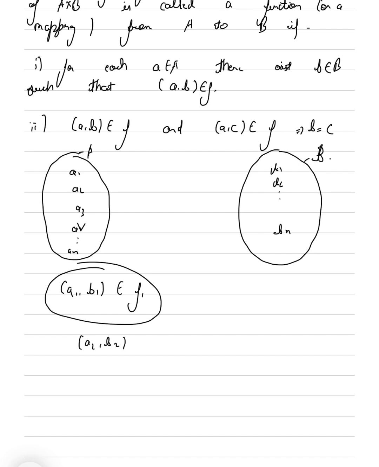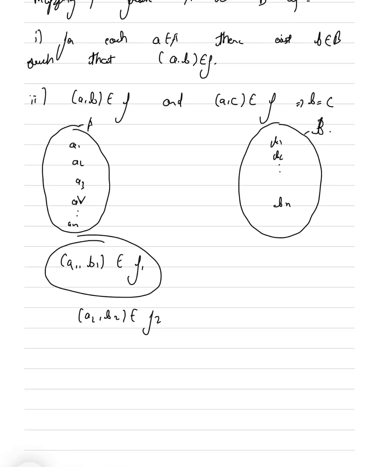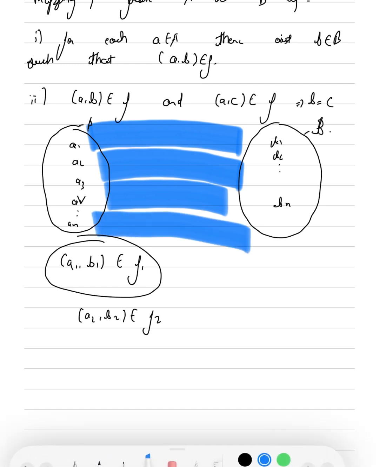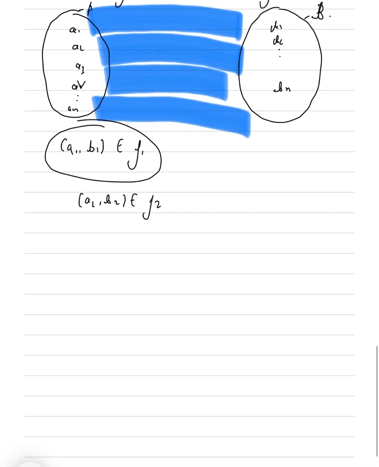So what I am trying to say here is, for each element that belongs to the set A, we have a unique element belonging to set B. Suppose I take an element An minus 1.